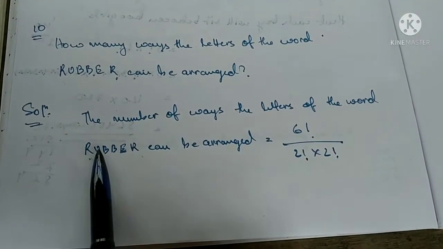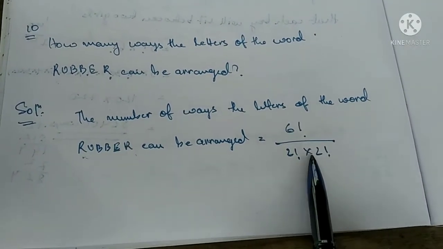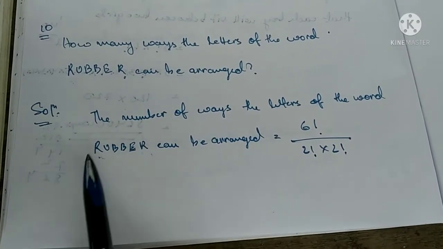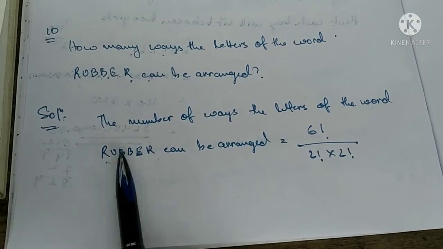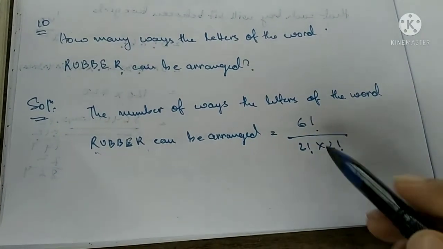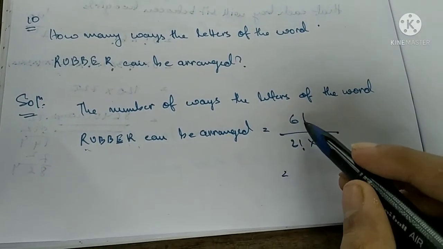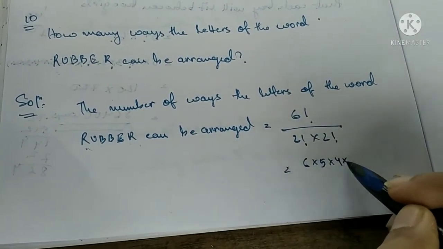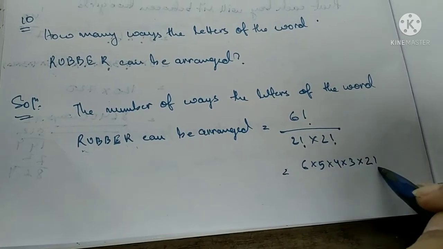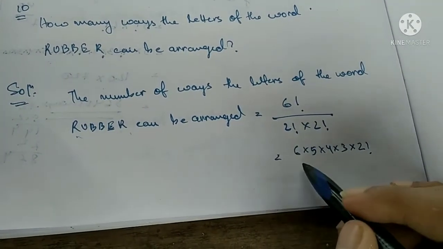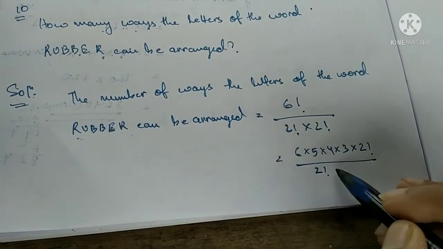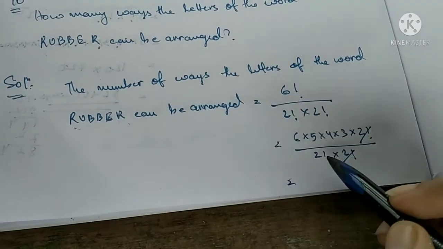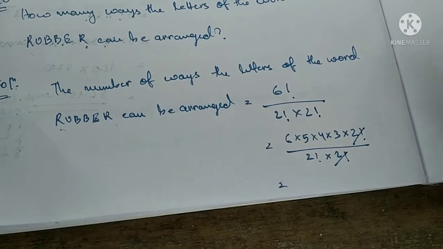Total number of letters 1 2 3 4 5 6, 6 factorial by same letters. R 2 there, so 2 factorial, B 2 there, 2 factorial. So this is ultimately, I can write it as 6 into 5 into 4 into 3 into 2 factorial by 2 factorial into 2 factorial. One 2 factorial cut. 2 factorial means 2 only I will get.